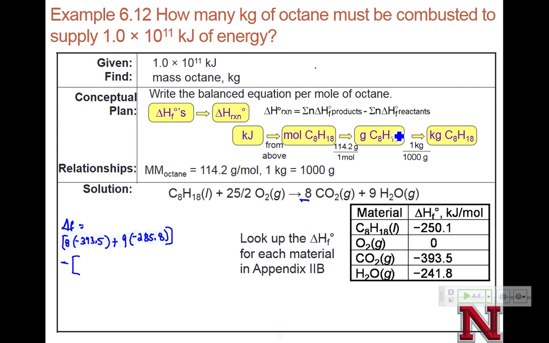Minus, and I'm going to put this all in parentheses and take my minus later, because it's really easy to make a mistake with the sign here. I have a question. Yep. Where did that 285? Oh, I was looking at the wrong one, sorry. 241. 285 would be it in the liquid form.